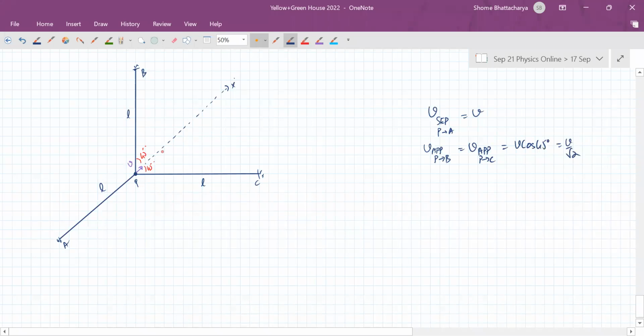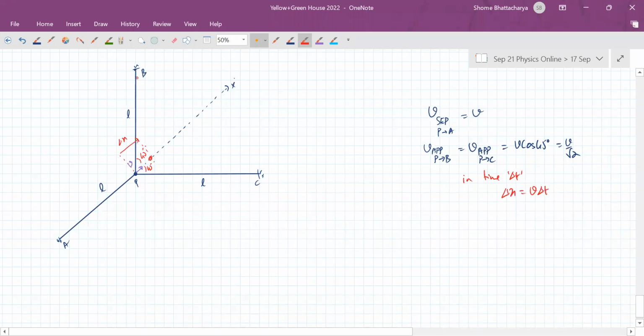Therefore, in a small time, if it makes a small displacement delta x like this, in time delta t, delta x will be V delta t.